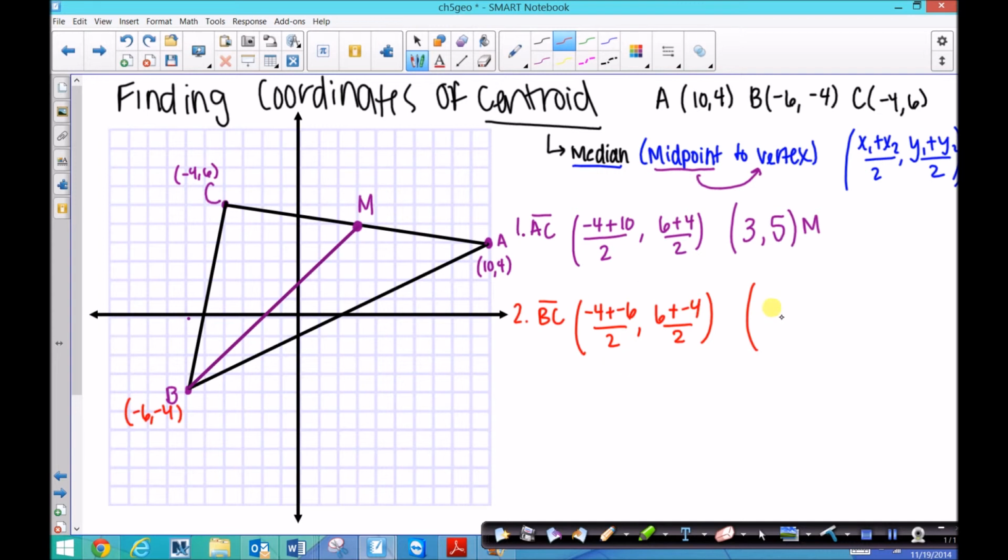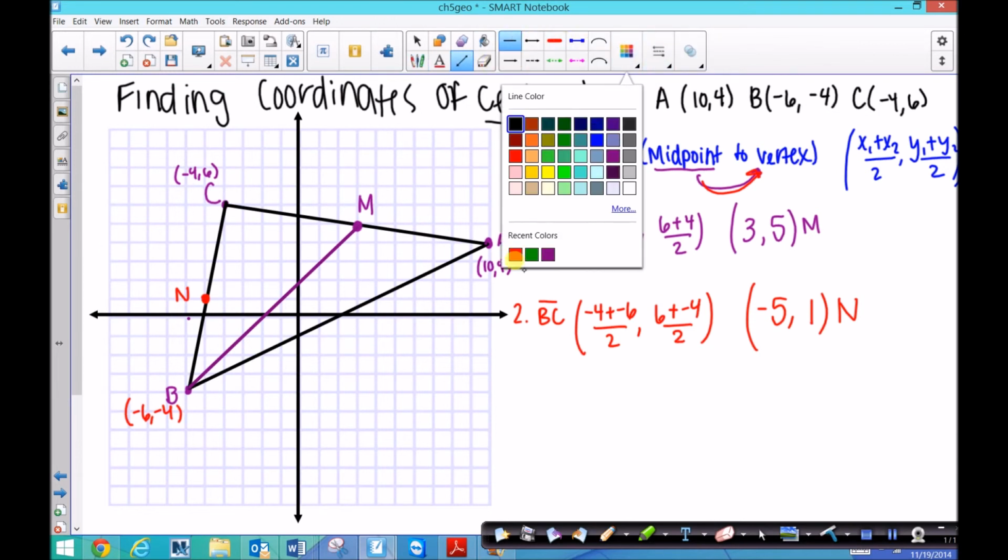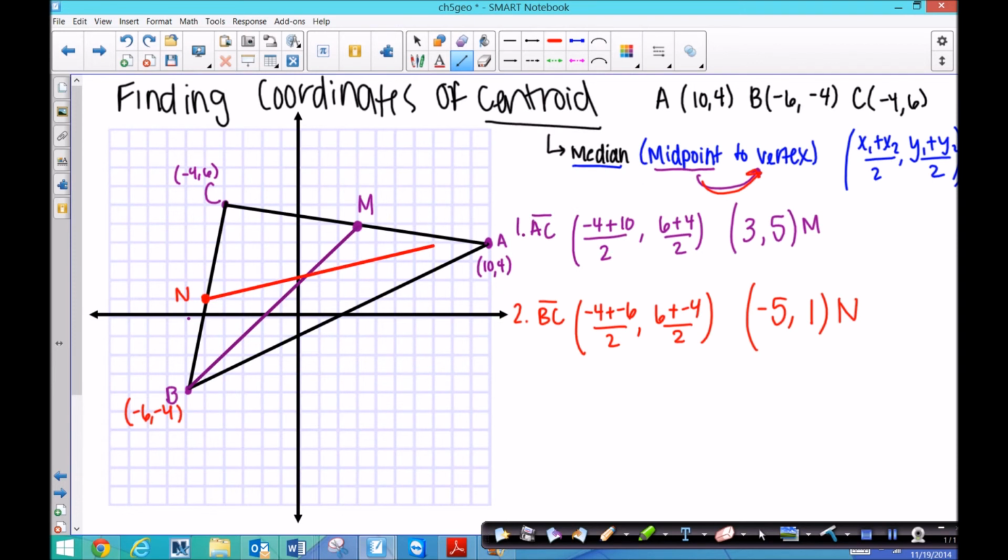So we'll have -10/2, which is -5, followed by 2/2, which is 1. And we can call that point N. So here would be point N. And we need to connect point N, which is a midpoint, to a vertex. It's already touching vertices C and B. So the only vertex that we aren't yet connected to is A. So we take point N and connect it to point A.